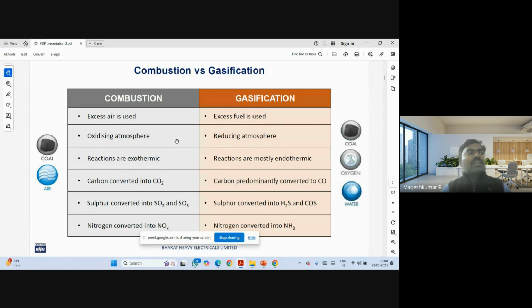After combustion, the flue gas, the hot air, will have numerous gases like CO2, SO2, SO3, NOx, and it is filtered and further released to the environment.